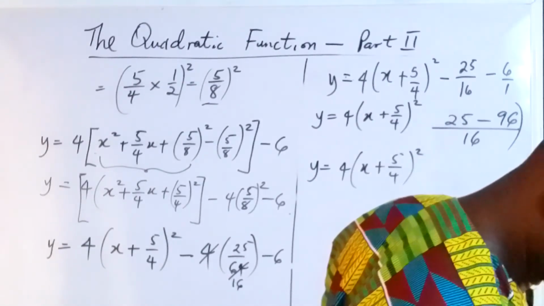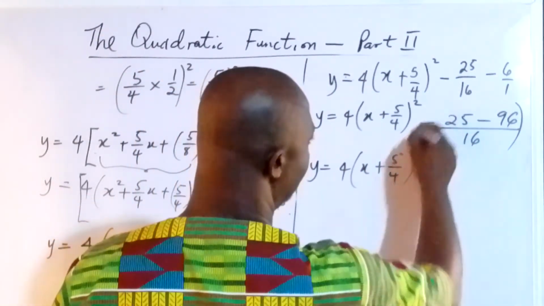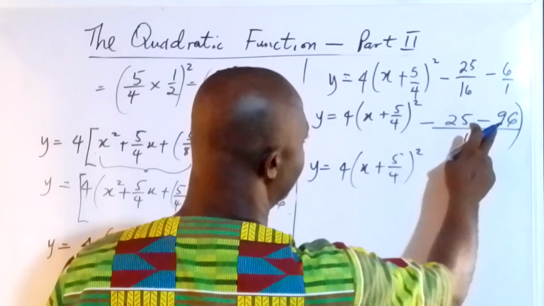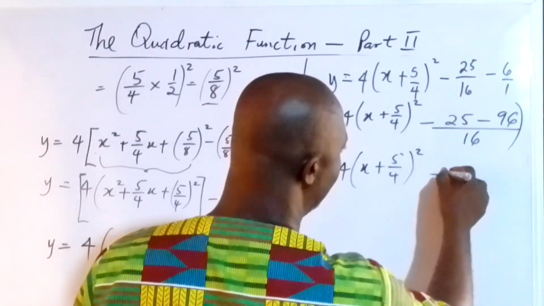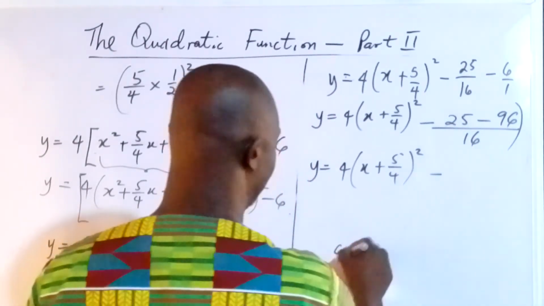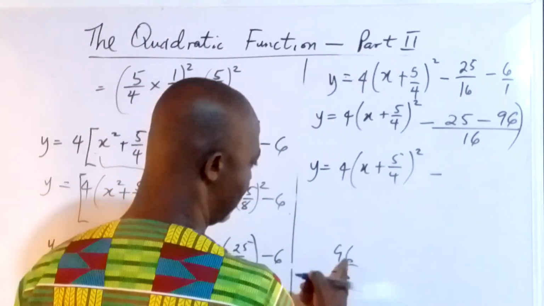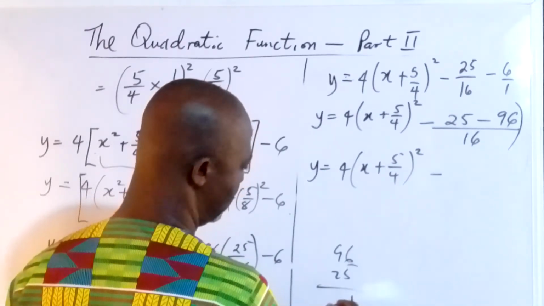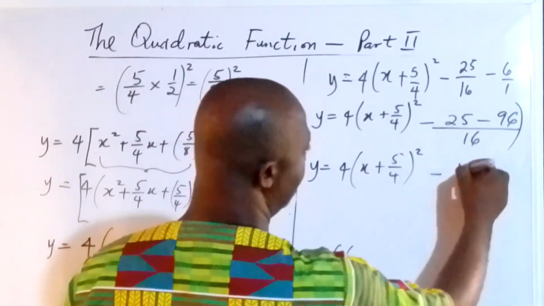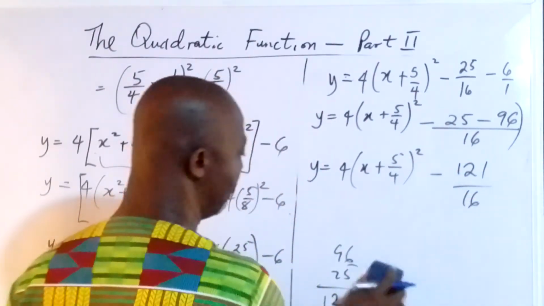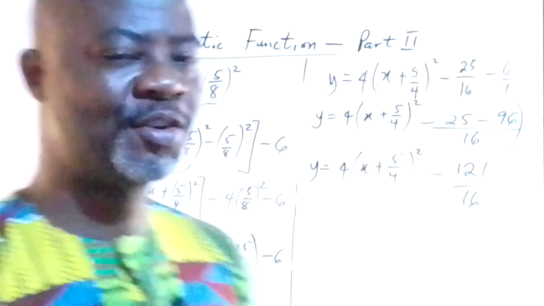Yeah, so this is supposed to be minus, 96 plus 25. That will be 121 over 16. Please pardon me for that. It was a little bit of a glitch there. Well, thank God we got it.